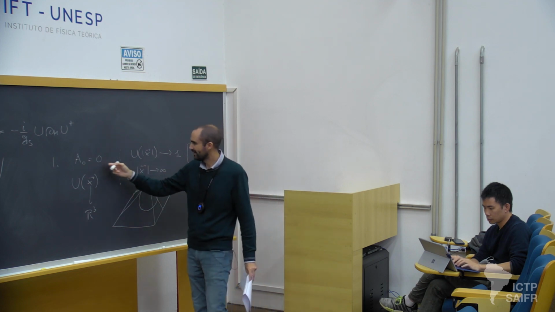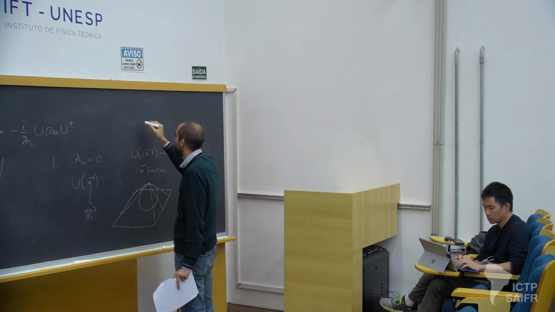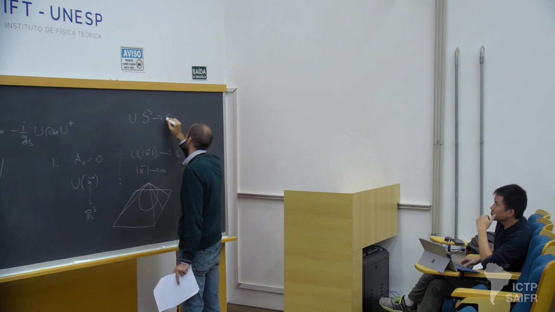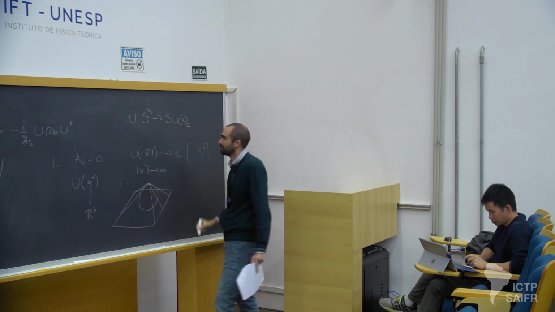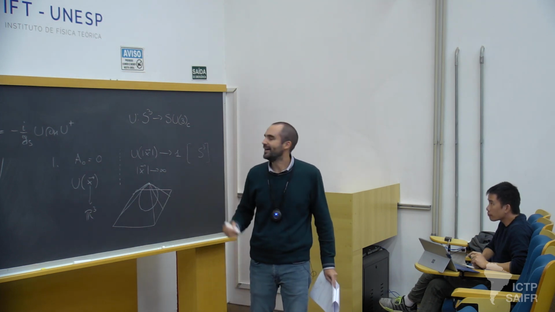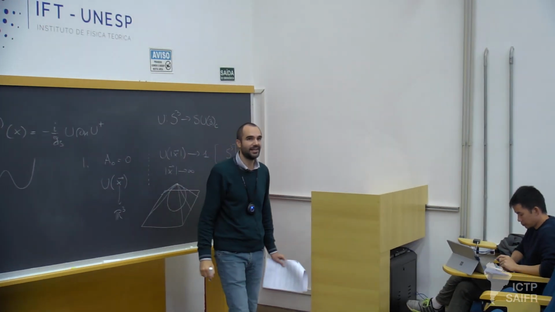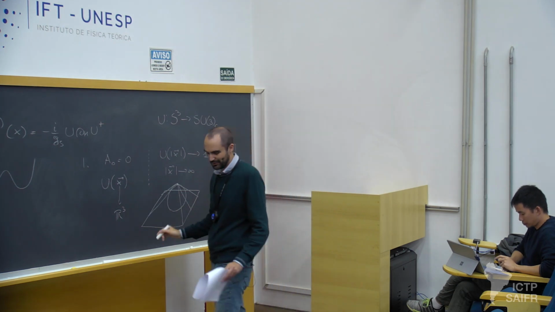So in this gauge and with these boundary conditions, essentially we're looking for functions U that map the sphere to SU3 color. Okay. And counting how many inequivalent classes of these functions exist, it's an interesting exercise in topology that I'm not going to do for you. I'm just going to tell you the answer.